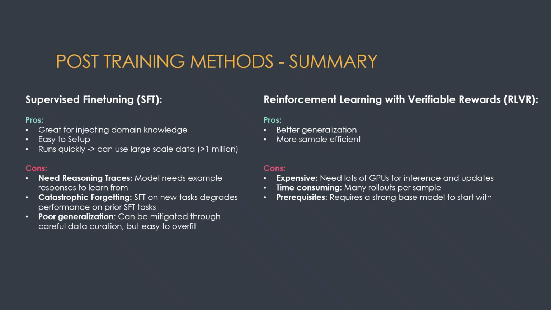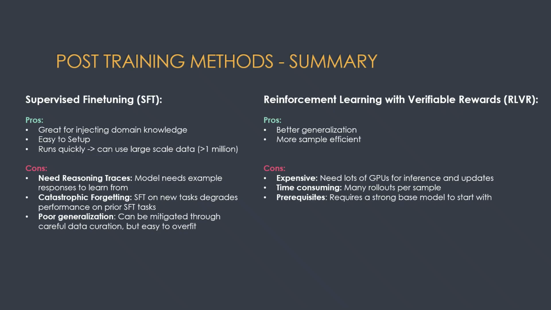RLVR, on the other hand, generalizes much better and is much more sample efficient, but the downside is it's really expensive. You need GPUs for both inference and updates. And it's really slow because you need many rollouts per sample, and something really important is also you need a strong base model to start with to do RLVR.